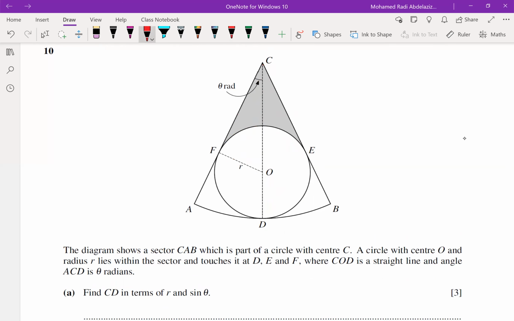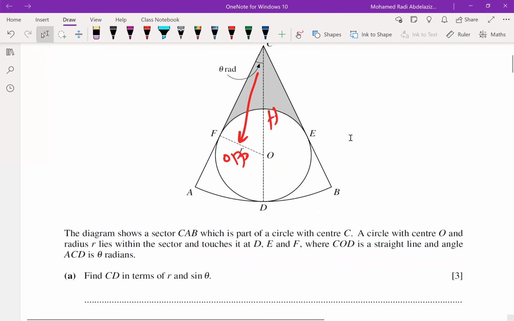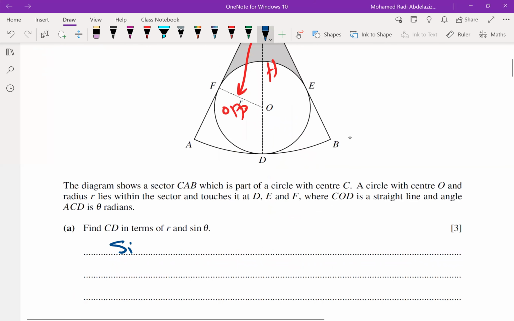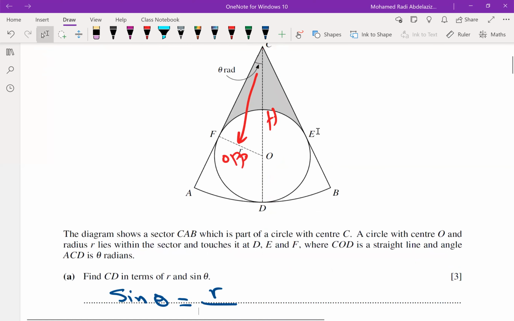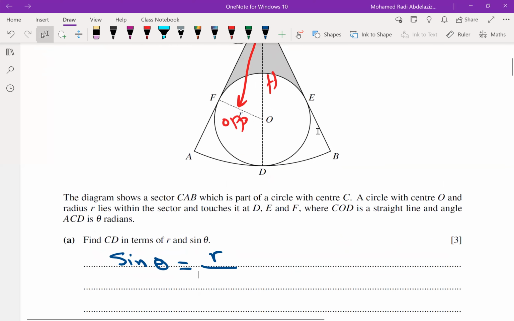How to get OC in terms of theta? This represents opposite, and this represents hypotenuse for this right-angled triangle. So if we start to write, sine theta is equal to opposite, which is r, over the hypotenuse, which is OC.